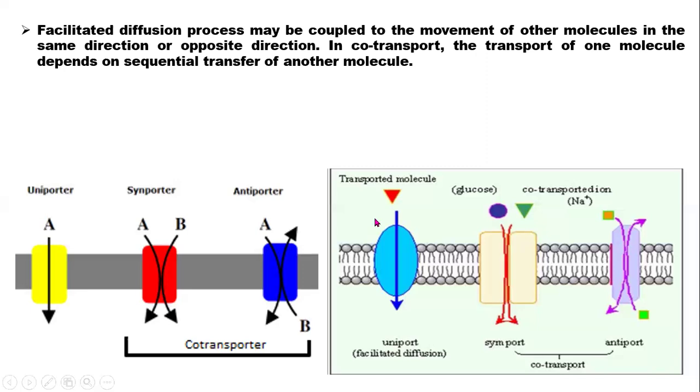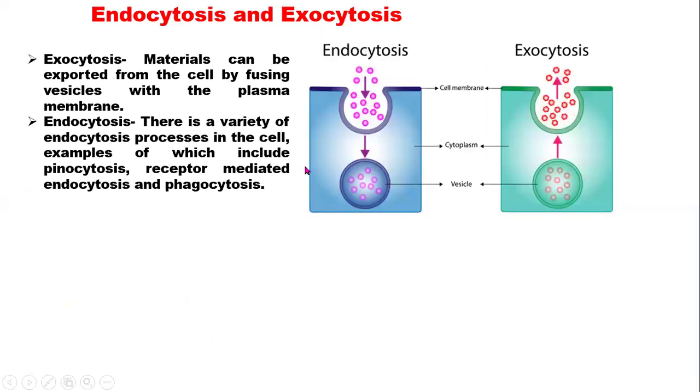So let's continue. Now we have what we call endocytosis and exocytosis. All cells need to move some substances through the membrane, counter to the gradient, or move substances that are too large or bulky with use of cell energy.